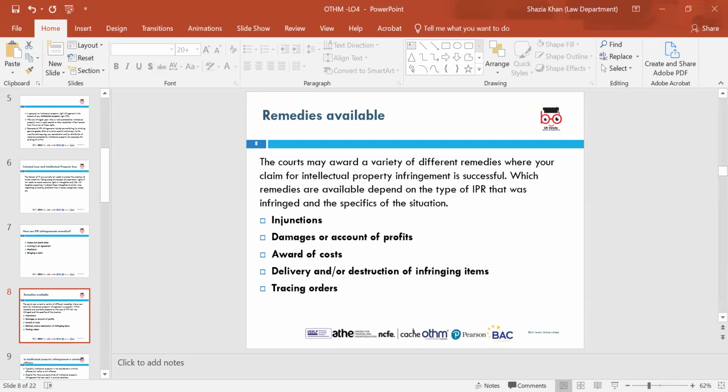You could face a potential huge fine, but also prison. People may think that they won't be going to prison, but they could. So you need to really be careful about the consequences of doing that.